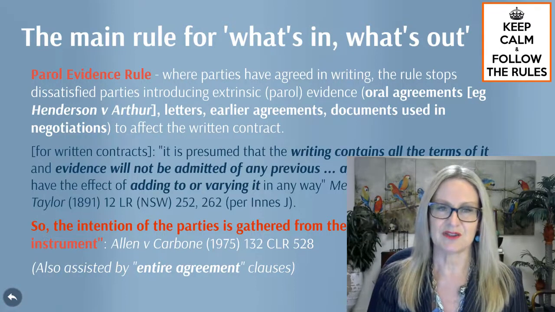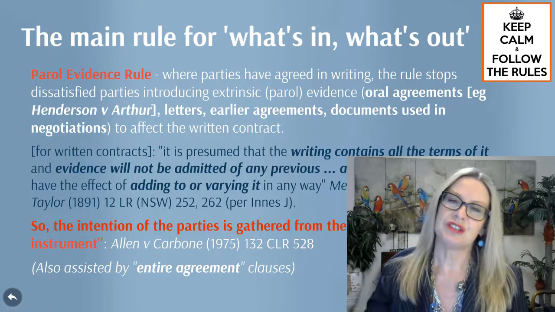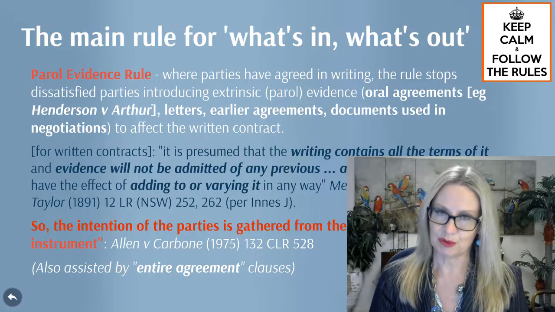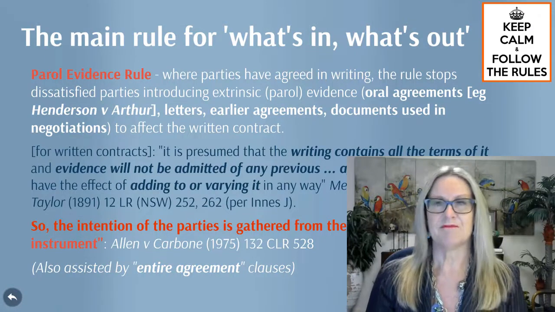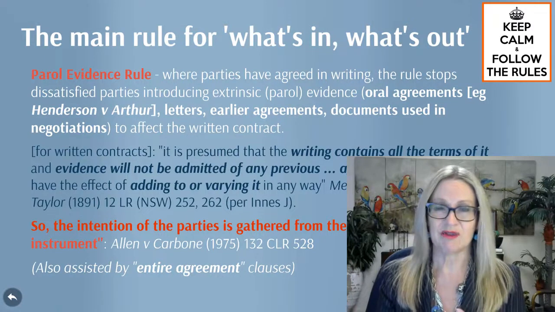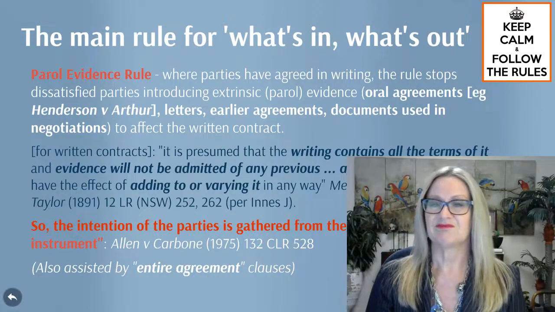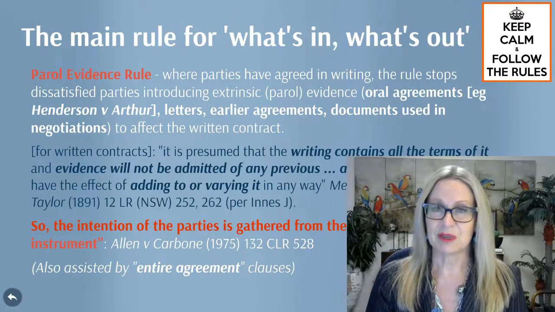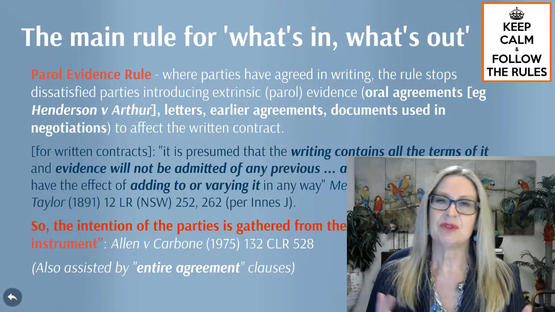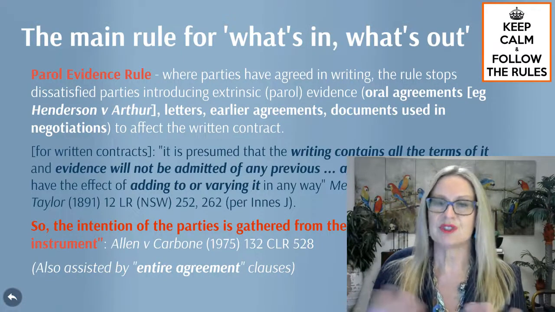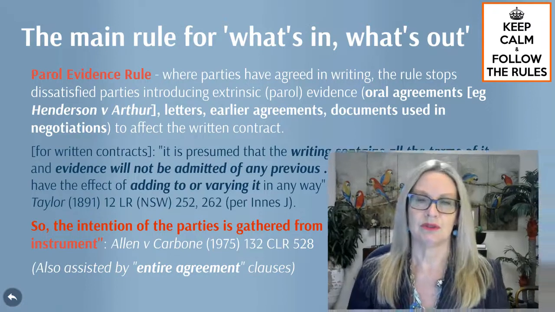So it stops dissatisfied parties trying to introduce extrinsic or parole evidence, oral agreements, prior drafts of documents, letters, things that have been used in negotiation to affect the terms of what's ended up being a written contract.